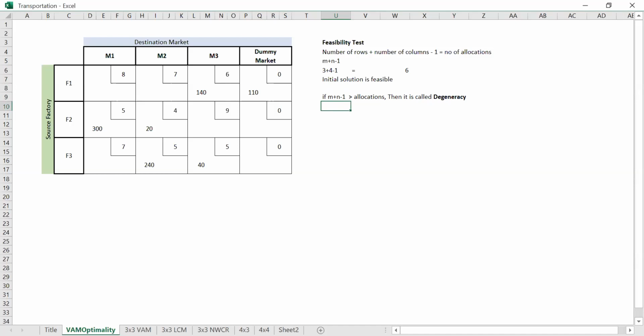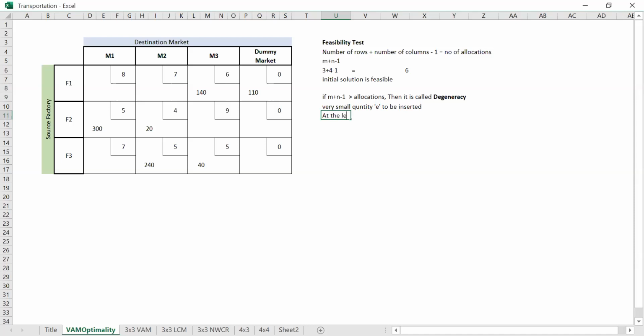When you have degeneracy, you cannot solve the problem further. You have to introduce a very meager quantity, a very small quantity, E, into the initial solution to proceed further. Where should I insert?